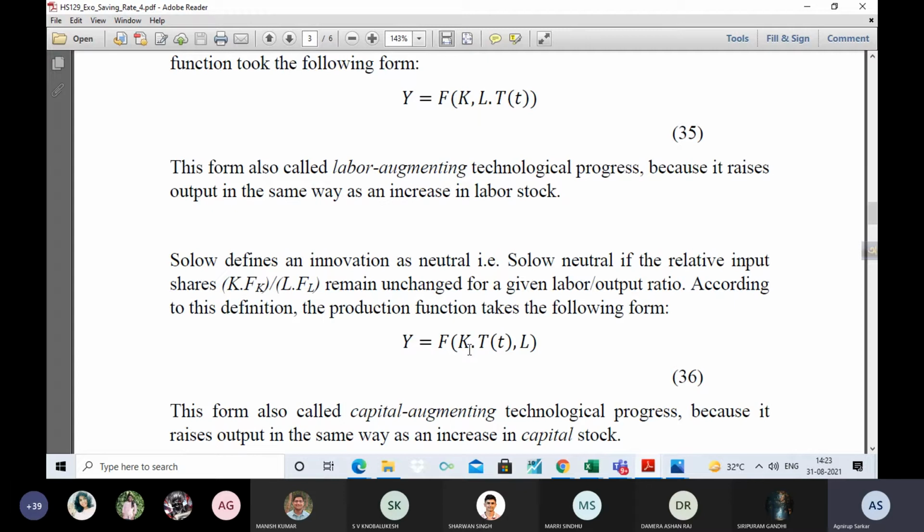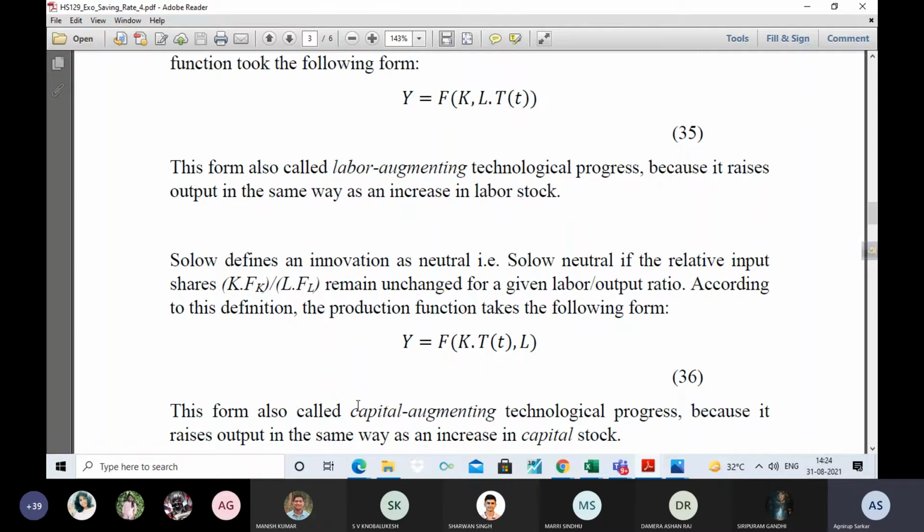So what happens here is that T(t) is the index of technology, and Ṫ is positive, meaning that technology is evolving over time. This factor is growing over time, right? So production functions of this form are called capital augmenting, just like Harrod neutral technology was called labor augmenting.